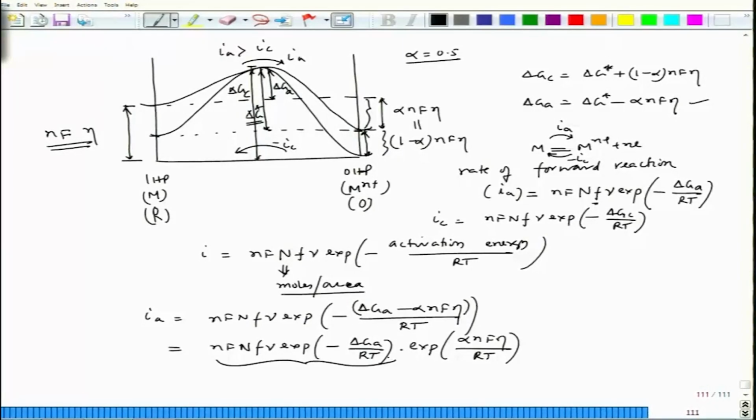This part is nothing but I0, since I0 equals nF nu exponential minus, sorry, here we have to put delta G star, since delta G is delta G star minus alpha nF eta, delta G star by RT.